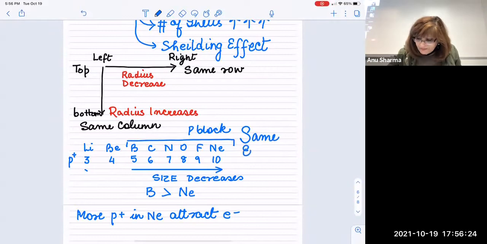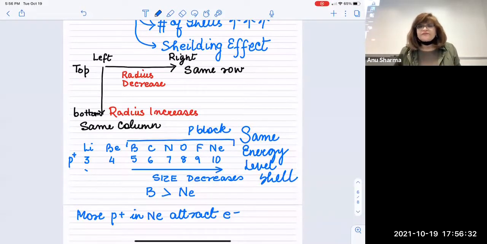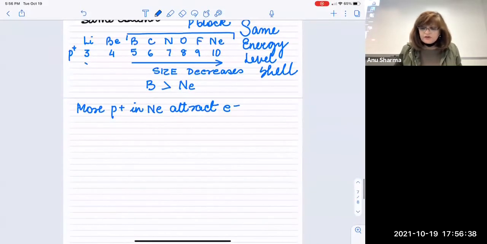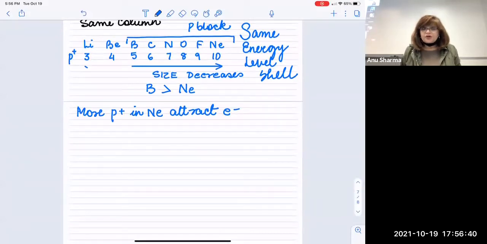That means same energy levels. Same energy level means same shell. So the shell is still the same. That's not changing. So when it's happening in the same energy level, all you're doing is increasing the number of protons, and the energy level is still the same. Let me write this down here.